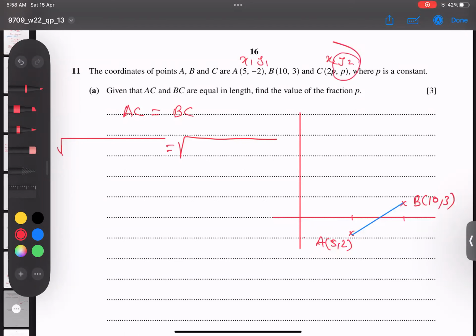So y2 minus y1, p plus 2 whole square, and x2 minus x1, 2p plus 5 whole square. Same approach: p minus 3 whole square, and 2p minus 10 whole square. Squaring both sides, students, the root will finish automatically.